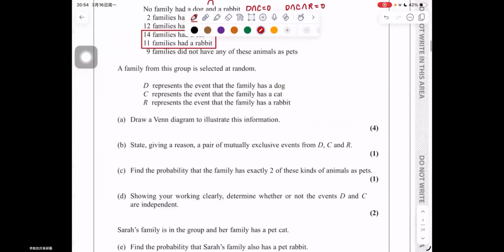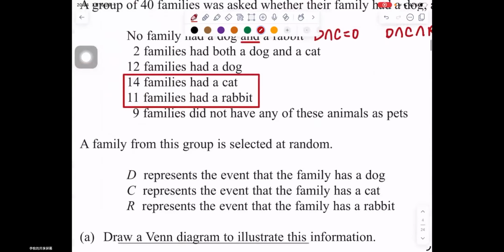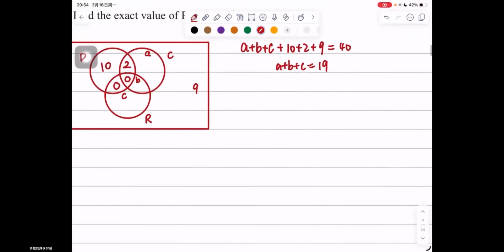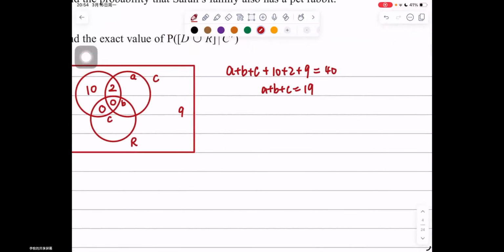And now see the red box. 14 families had a cat and 11 families had a rabbit. So the cat set is A + B + 2 = 14, so A + B = 12. And for the rabbit set, B + C + 10 = 11, so B + C = 1.